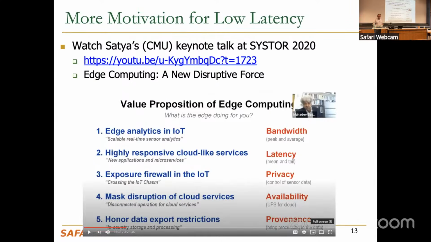It talks about many different parameters and performance metrics that you need to provide, like high bandwidth, low latency, ensuring privacy, availability, and many other things. It's a bit surprising that, for example, we don't have energy here, but I would also add energy for edge devices, because many of these edge devices operate on batteries, and you need to be low energy.